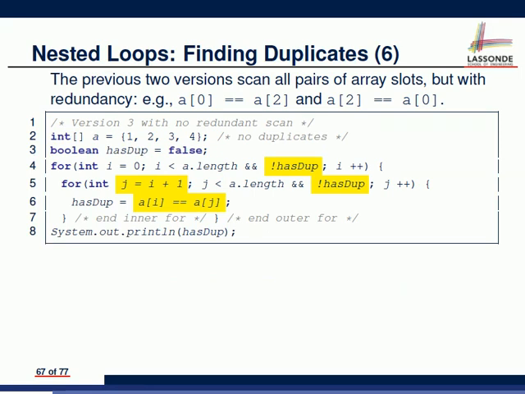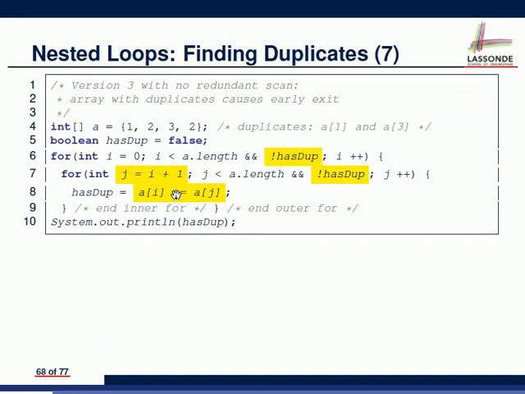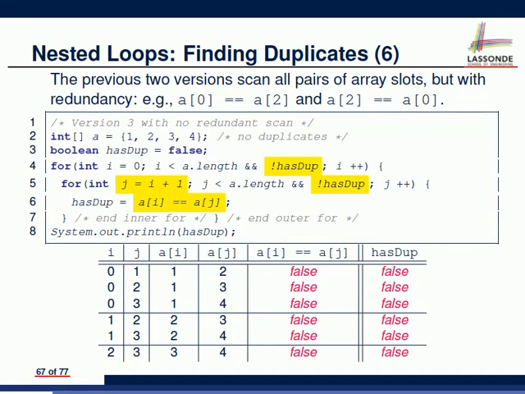Now, if you go to version number 3, we just do a little bit more of an extra trick. We play with the initial value for the inner loop counter j to be i plus 1. So now, in the case where we have no duplicates, let's only focus on the values for i and j. We got 0, 1, 0, 2, 0, 3. We don't have 0, 0, right?